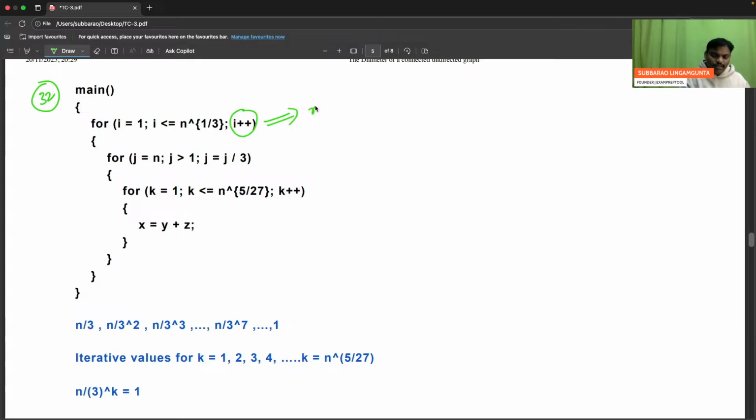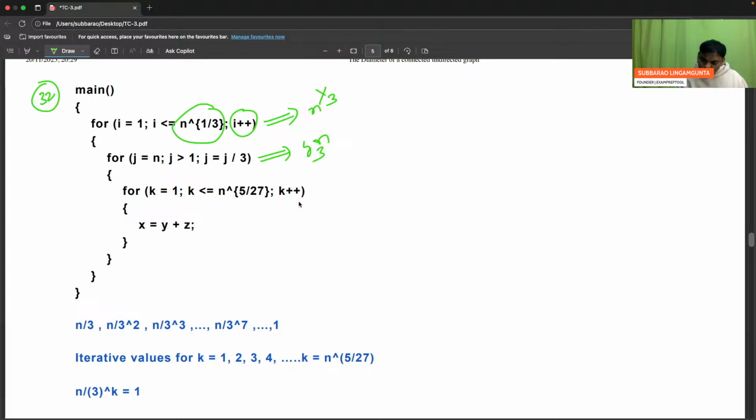So n power 1 by 3, whatever is there, keep it, divided by 1. Next one, always divide by 3, so log n base 3.